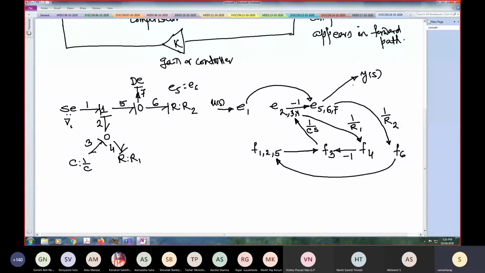We can simplify this a little bit. We can remove all kinds of useless nodes. This F6, F1 to 5, all those are useless nodes. We can remove. This also is a useless node. So I will write it down in a much simpler manner.